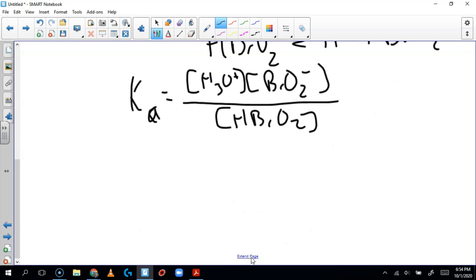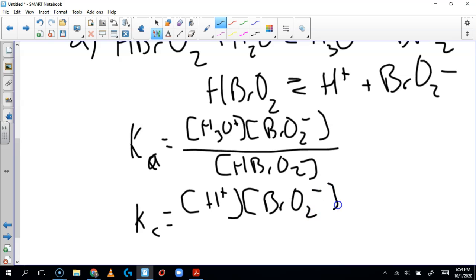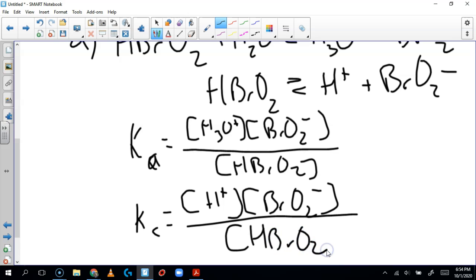If you're going to use the second equation, that's going to be Ka equals the concentration of H plus times the concentration of BrO2 minus, all over the concentration of HBrO2.